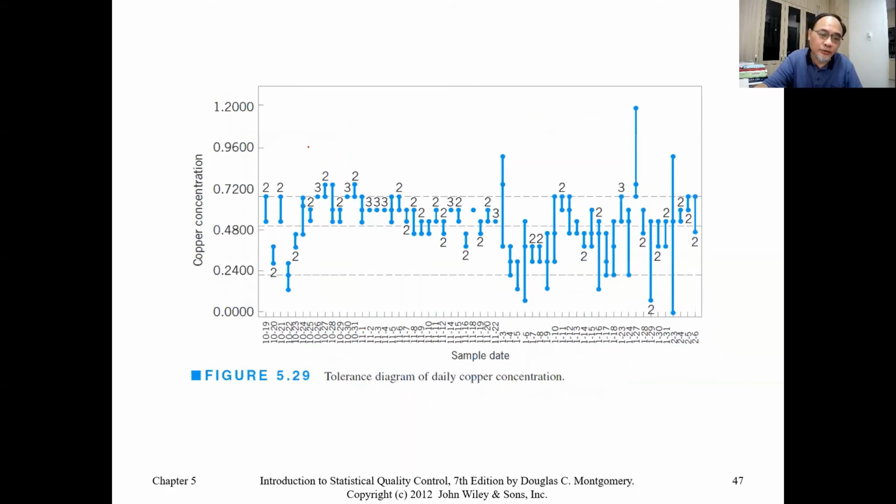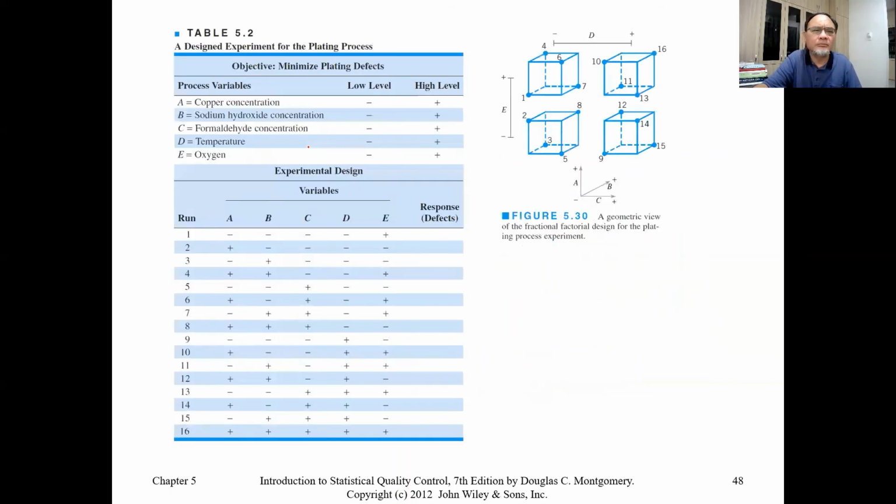They can also look at the tolerance diagram. So there are many other tools that can be used. And design of experiments, I have not talked about this, but this can also be part of the improvement activities, trying to determine the best combination of the parameters in the process. So you see here, these are the parameters: copper concentration, sodium hydroxide concentration, formaldehyde concentration, temperature, oxygen, set at a low and high level. Okay, so this is DOE, design of experiments.